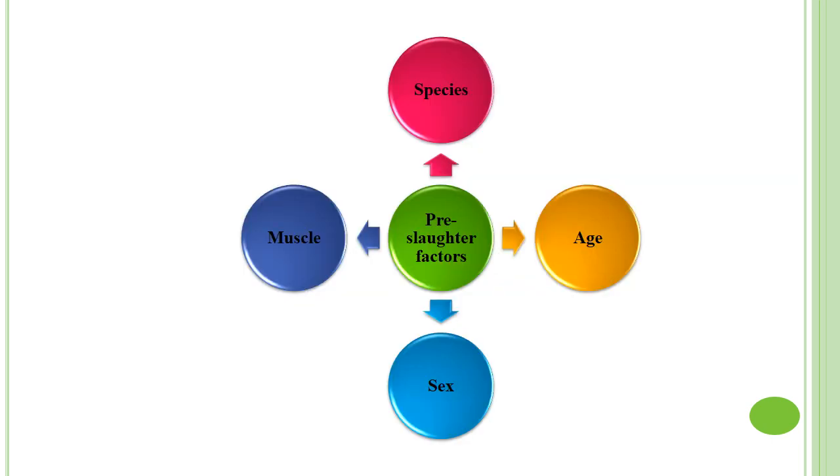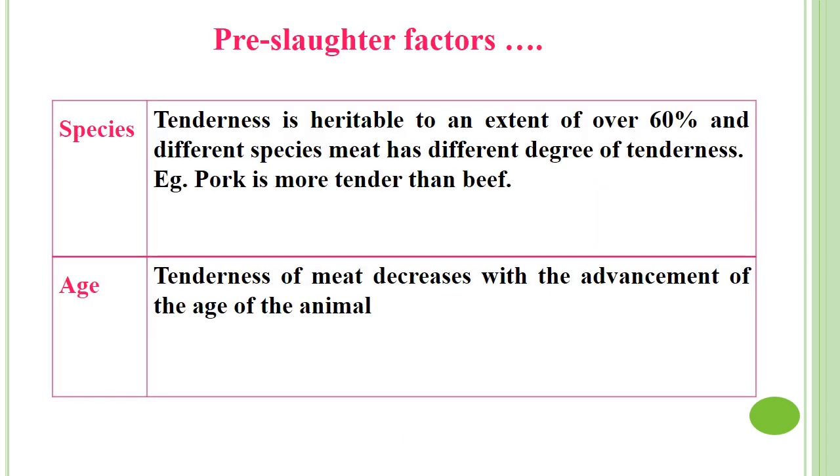In the pre-slaughter factors, we have the species of the animal, age of the animal, sex of the animal, and different muscles. We have already seen similar differences in case of texture, so in the same way they have influence. We will discuss a little more next. Now we will discuss the pre-slaughter factors one by one related to tenderness.